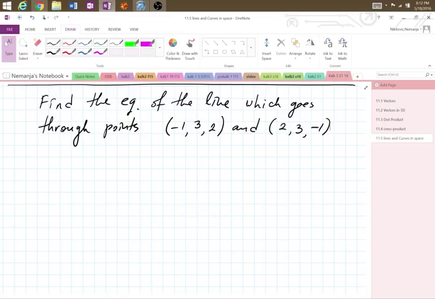Because you will see that these 2 points over here, the line has to go through those 2 points, and the vector V is good.